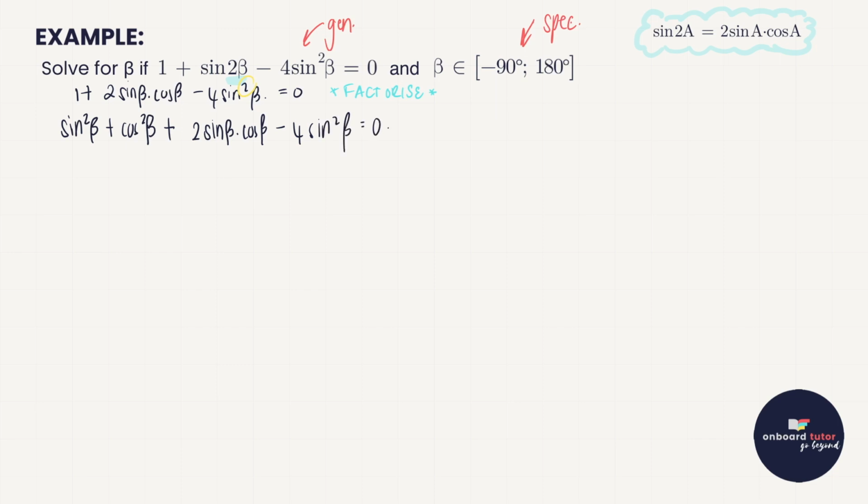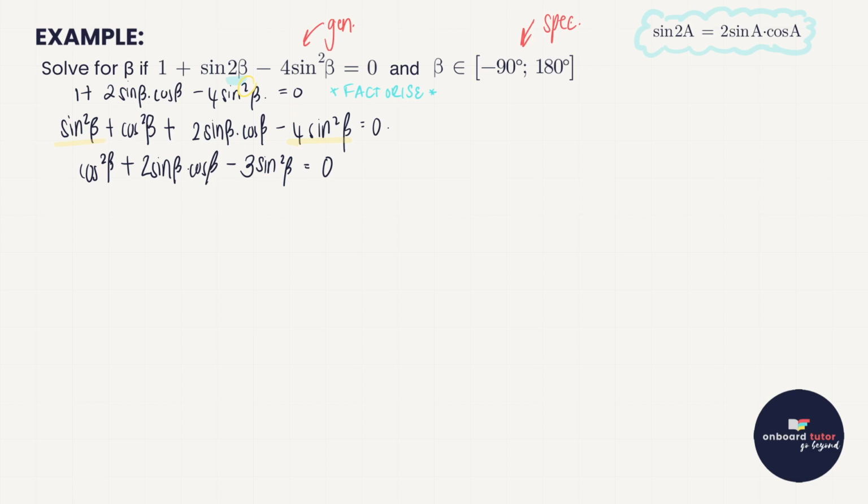Okay, and then we can collect some like terms because there's a sine squared beta and there's a sine squared beta. So we'll be left with cos squared beta plus 2 sine beta cos beta minus 3 sine squared beta.